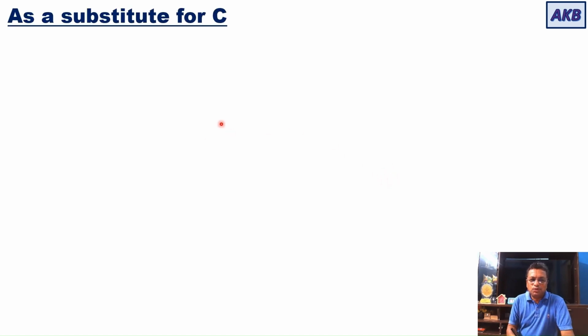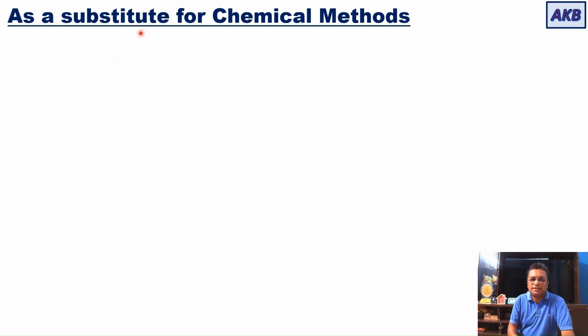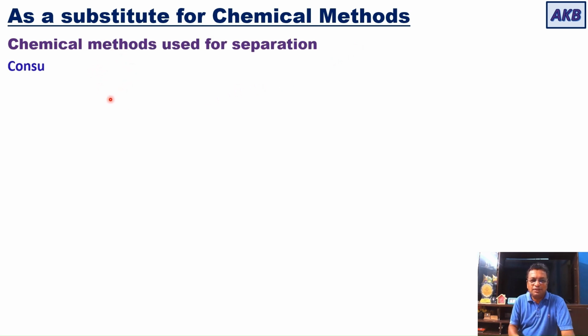Okay, now let us look at those applications where extraction can be used as a substitute for chemical methods. What are these chemical methods? These chemical methods are used for separation. And what are the facts with these chemical methods? The first thing is we need chemical reagents.